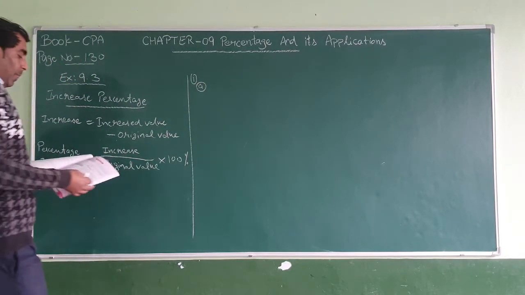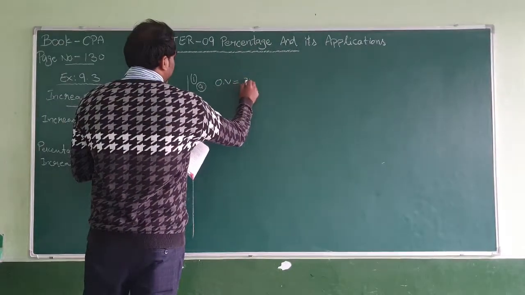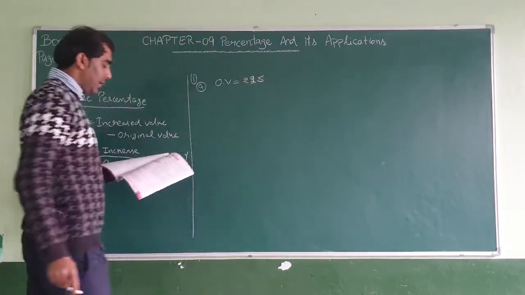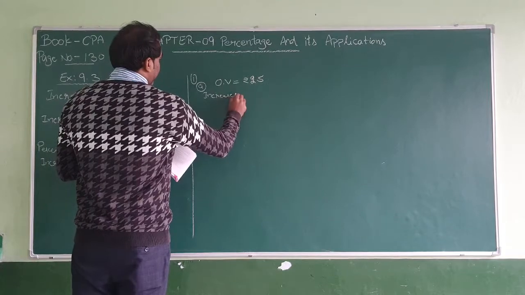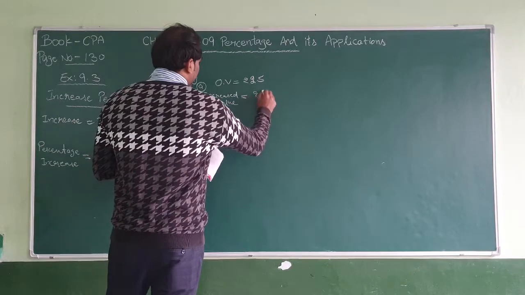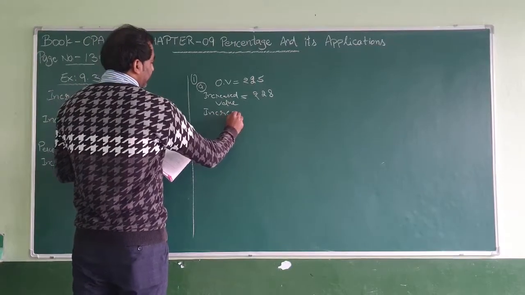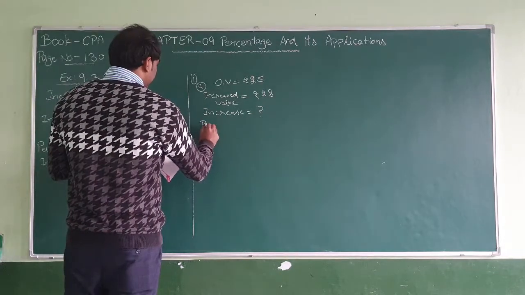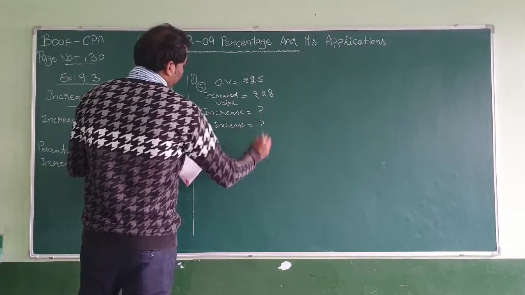So question number 1, part A. We have original value, OV means original value, which is 25. We have increased value, which is 28, and increase has no value, and percentage increase also has no value.